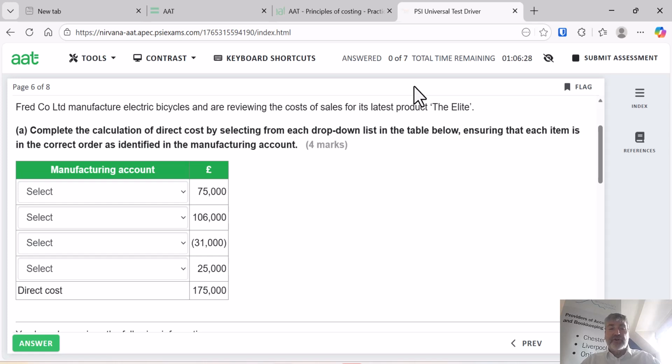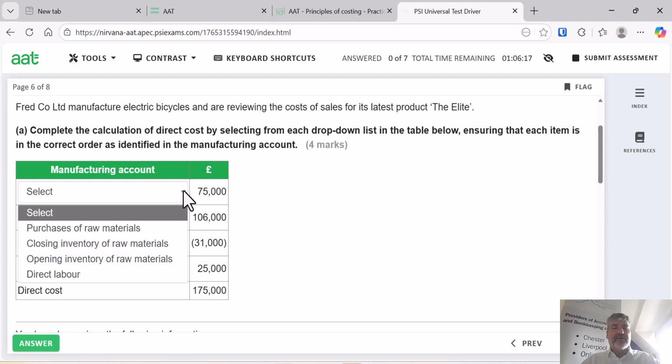Let's have a look at the drop downs to see what descriptions potentially could match against these numbers. Clicking on the first drop down, we can see our choices are the purchases of raw materials, closing inventory of raw material, opening inventory of raw material, and direct labour. There is no mention of any other direct expenses.